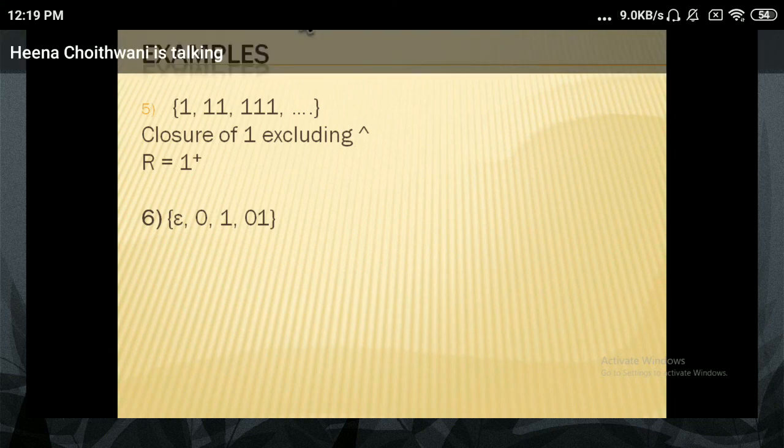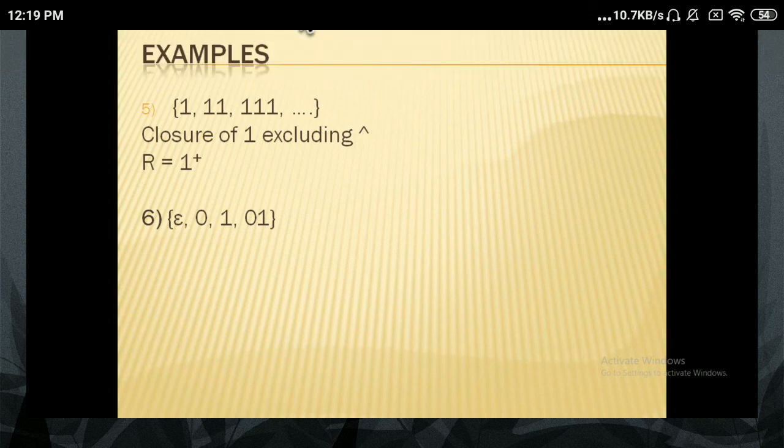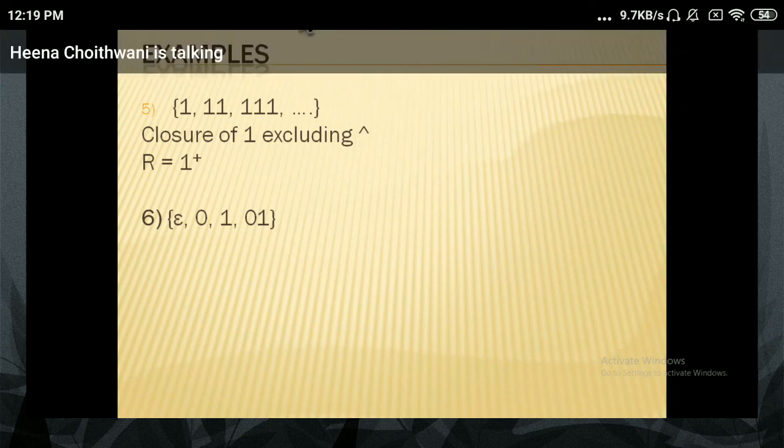Can we write epsilon plus 1? Sanjana is saying epsilon plus 1. So we got two regular expressions here: epsilon plus 0 for the symbols epsilon and 0, and epsilon plus 1 for the symbols epsilon and 1.